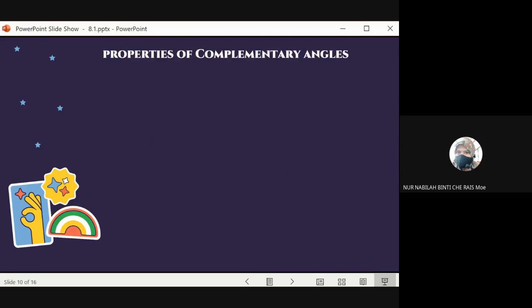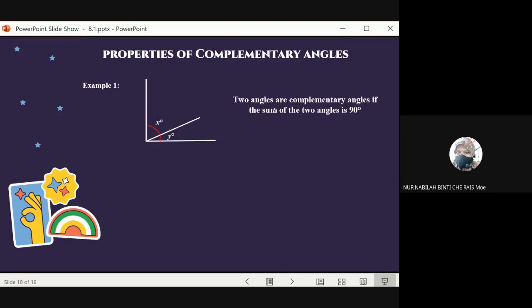Okay, next. Properties of complementary angles. This name you have to remember, complementary angle. A complementary angle is actually 90 degrees. Let's say you have X here and Y here. The two angles are complementary if the sum of the two angles is 90.